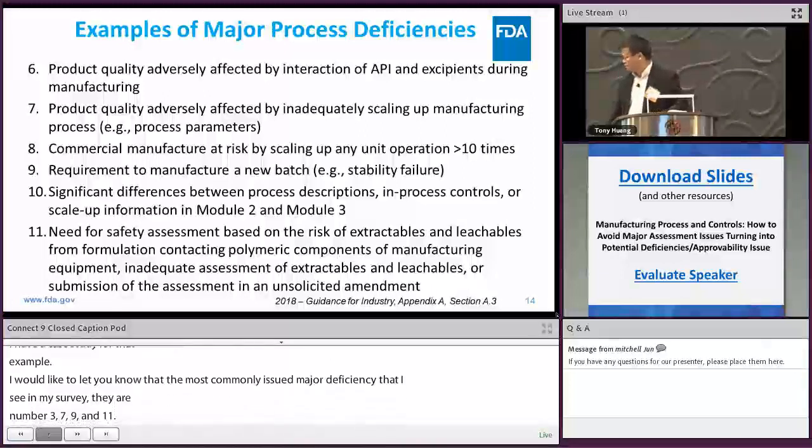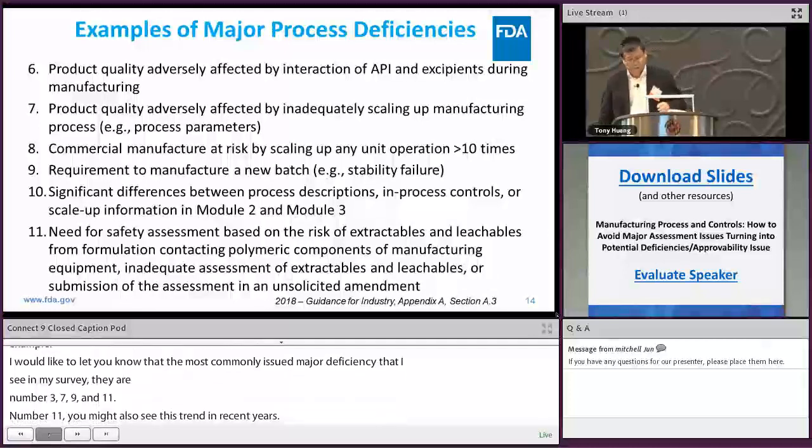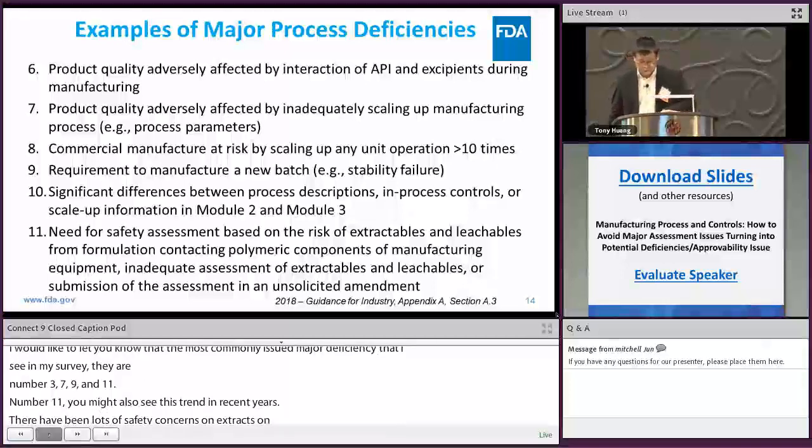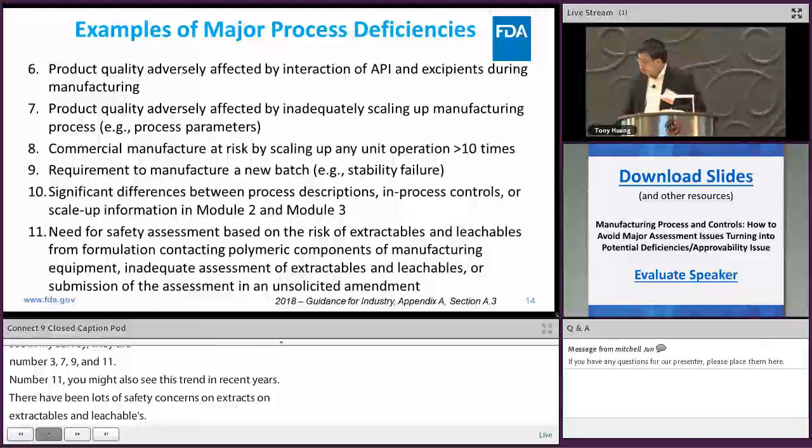There are lots of safety concerns on the extractables and leachables for the formulations that we see during the manufacturing process. They're all for liquids or semi-solids, of course.